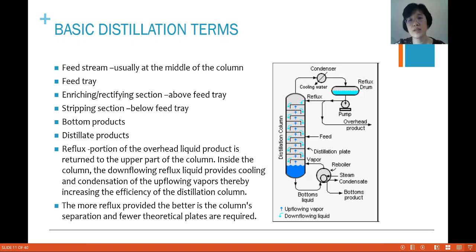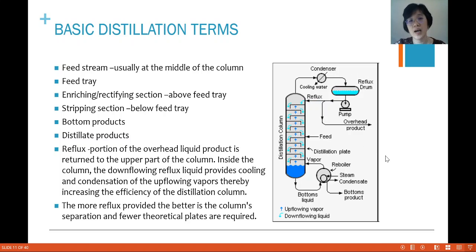As I mentioned just now, we have reflux here. Reflux is basically a portion of the overhead liquid product that is being recycled back to the column for cooling purposes or for the condensation of the upflowing vapor to enhance the separation efficiency. So the reflux is over here.